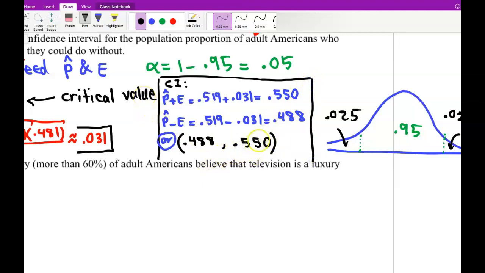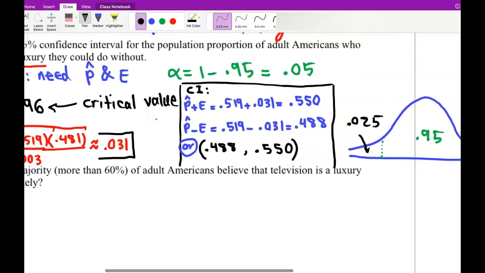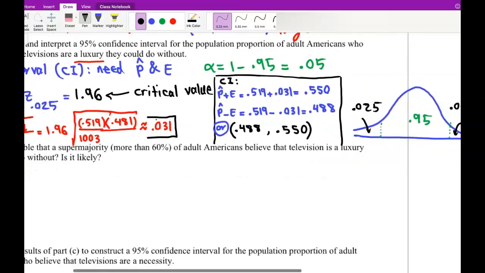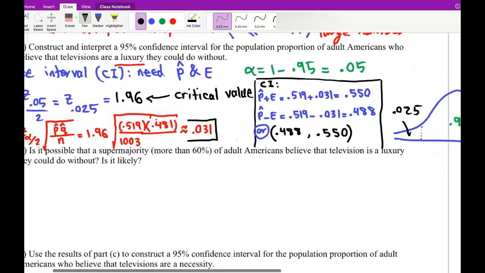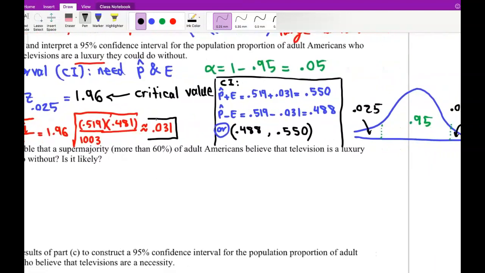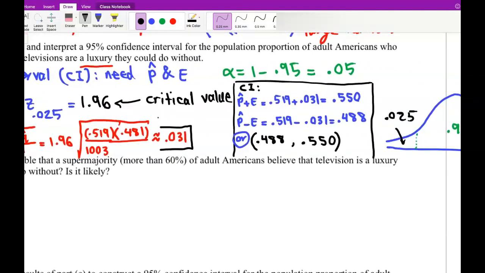So this is the final answer, this interval. So this one was confidence interval.